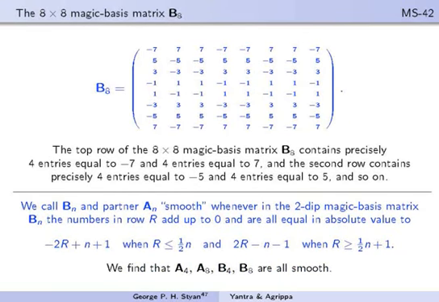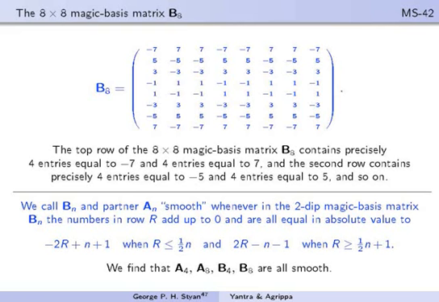The 8 by 8 magic basis matrix B8 you see here, and you see that the top row contains precisely 4 entries equal to minus 7 and 4 entries equal to plus 7. And the second row contains precisely 4 entries equal to minus 5 and 4 entries equal to plus 5, and so on.